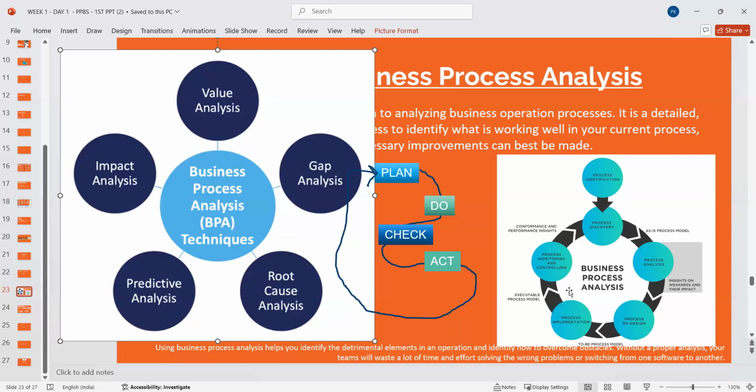You are the head of the marketing or customer satisfaction department. So in this process, suddenly you see a decline in the sales.